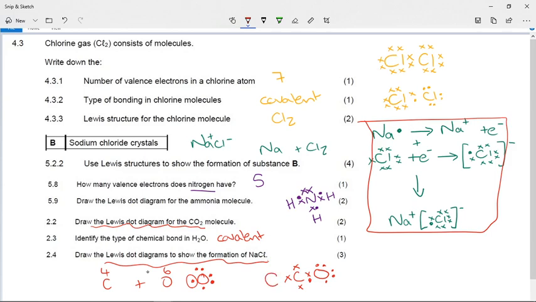So if we come in and draw the other oxygen, with the 6, 1, 2, 3, 4, 5, 6. Can you see with the single bond the oxygen's got 1, 2, 3, 4, 5, 6, 7 electrons. The other oxygen's also got 7 electrons, and the carbon has got 1, 2, 3, 4, 5, 6 electrons.